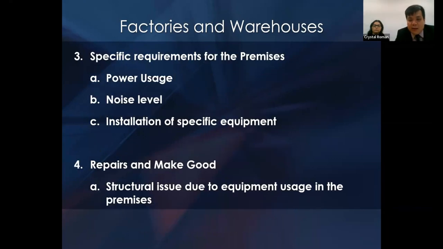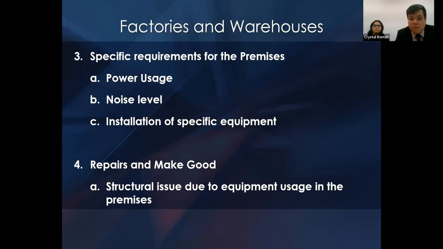Next, I will discuss the specific requirements for factories and warehouses. First, and probably most important, is the power usage, to ensure that the power for the plant and equipment in the property is sufficient, because in factories, you might need a higher power capacity, and it is important to have this discussion with the landlord to ensure that there is sufficient power capacity and voltage droppage in the premises.